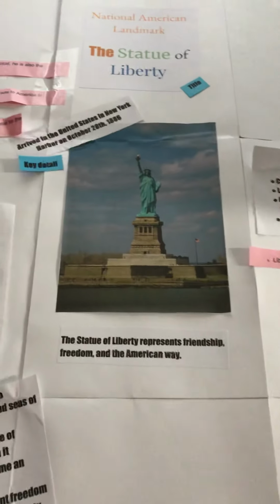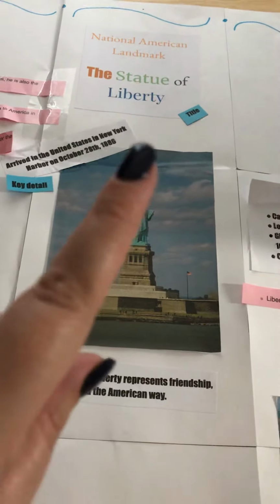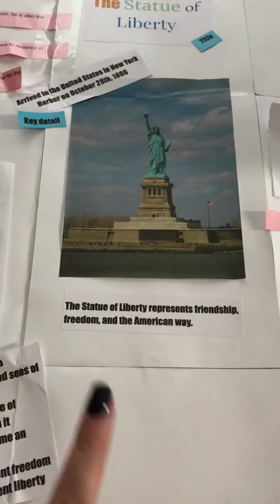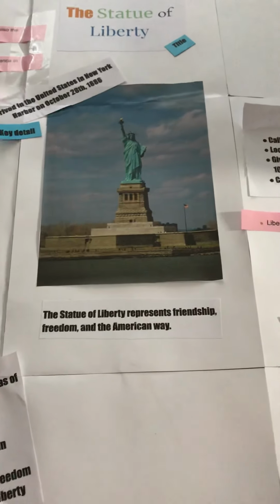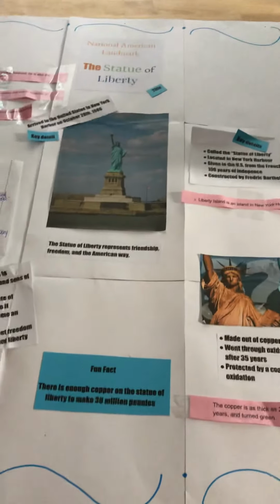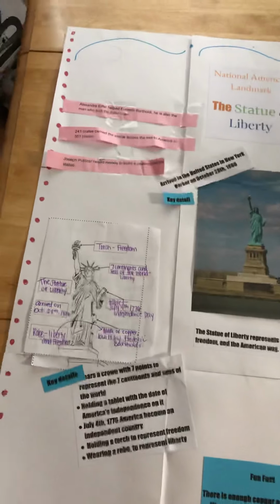Another thing that I included was here on day 1, I kind of put this heading across the picture, and this one is like a caption to the picture. The Statue of Liberty represents friendship, freedom, and the American way. These are all just important pieces of information that I wanted to include. So that is what my teaching poster looks like.